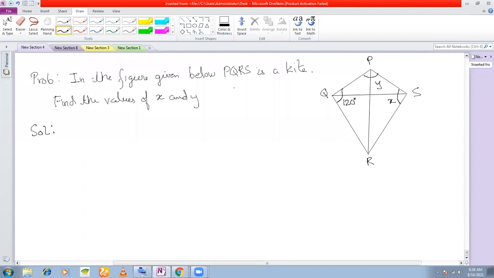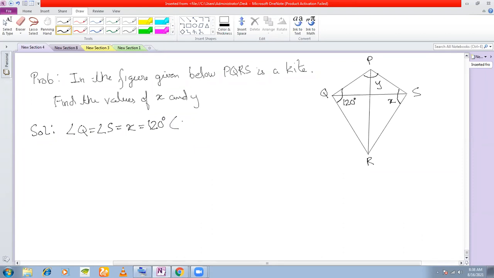Sir, angle S is equal to angle Q. Yes, first of all we say angle Q is equal to angle S is equal to x is equal to 120 degrees. So x is very easy. Why?